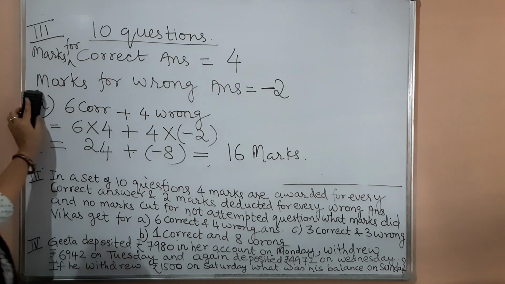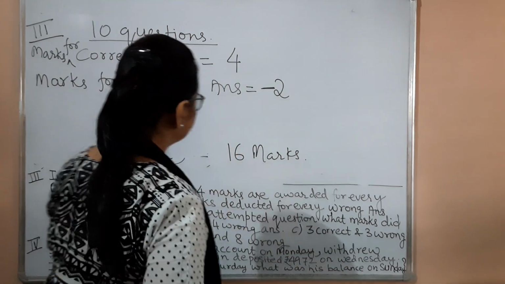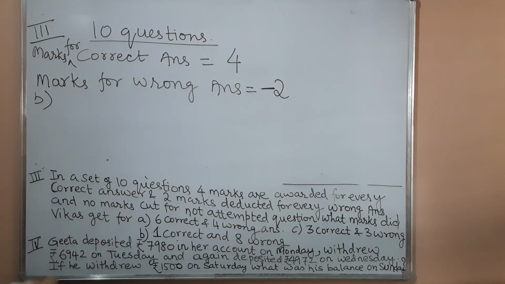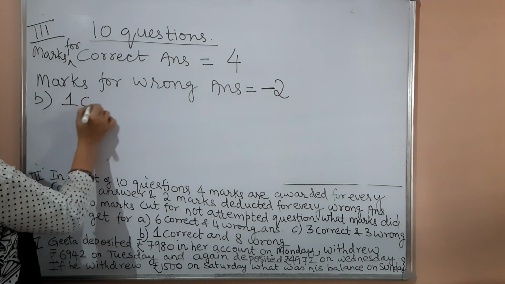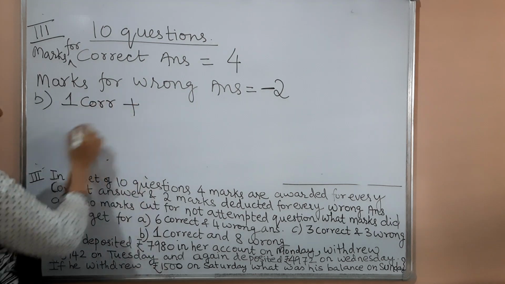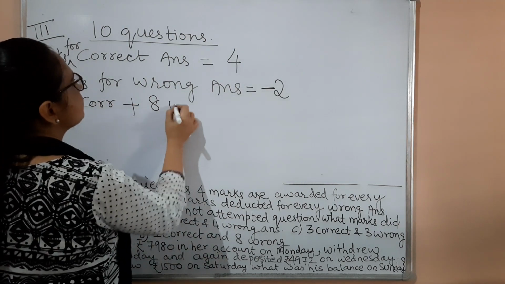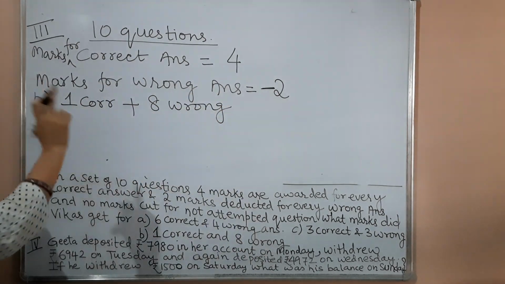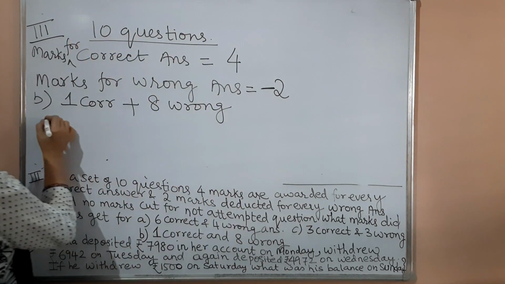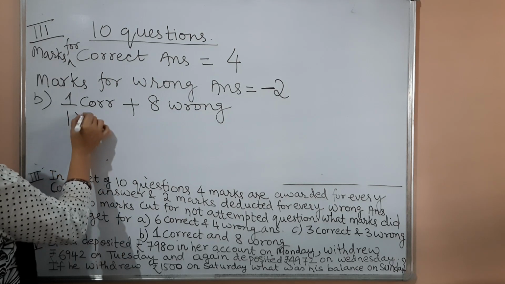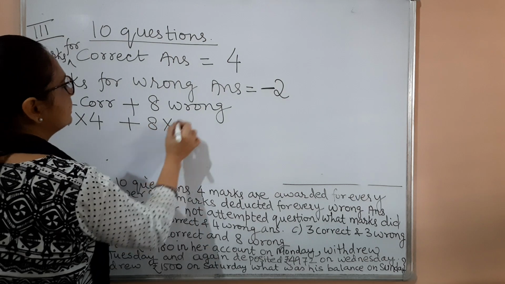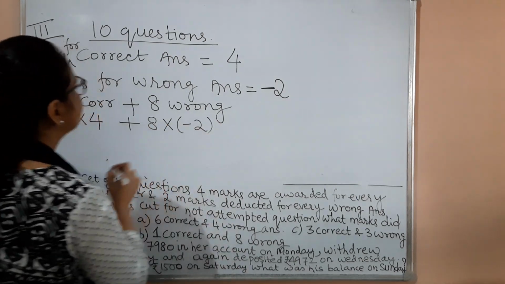Now let us do the second part, that is B part. B part is asking you one correct plus 8 wrong answers. So 8 plus 1 is 9, one he has not attempted, so there is no problem. Now for 1 correct he will get 1 into 4, and for 8 wrong answers he is going to get 8 into minus 2.